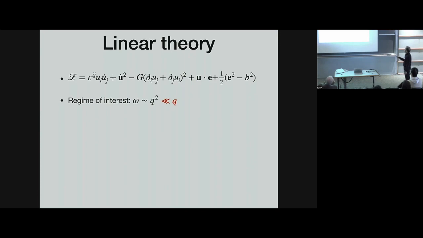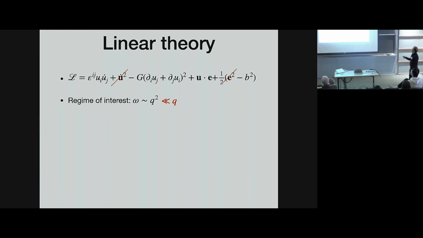The fact that it's much smaller than q allows us to drop two terms in this Lagrangian, U dot square and E square. The reason is that, for example, E square has two time derivatives, but B square has two spatial derivatives. A time derivative is penalized compared to a spatial derivative in the regime omega much less than q.